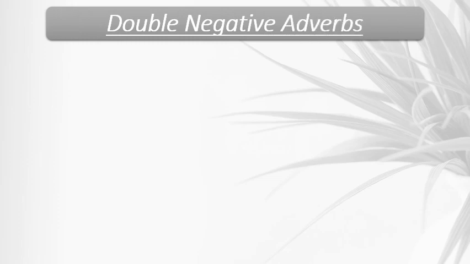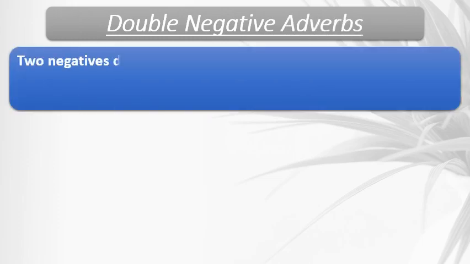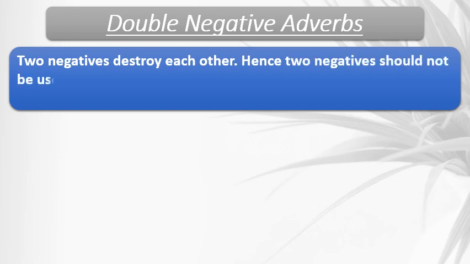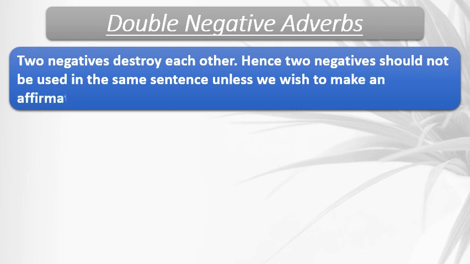So let's see what is the meaning of double negative adverbs. Two negatives destroy each other. Hence, two negatives should not be used in the same sentence unless we wish to make an affirmation. Affirmation means positive point. To clarify it, let's see some examples.